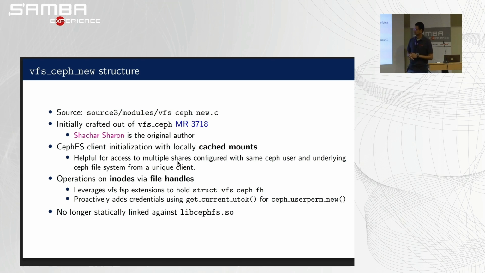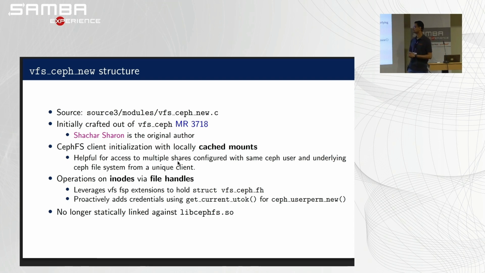As we discussed earlier, the operations are all using inodes and file handles. We heavily make use of the SMB VFS FSP extensions. There is a particular structure that we put in the extra area reserved for the FSP.